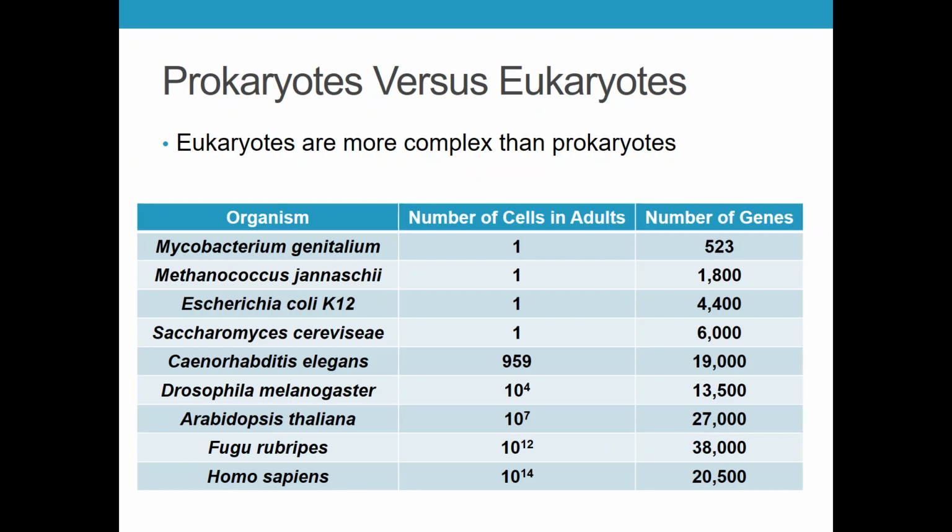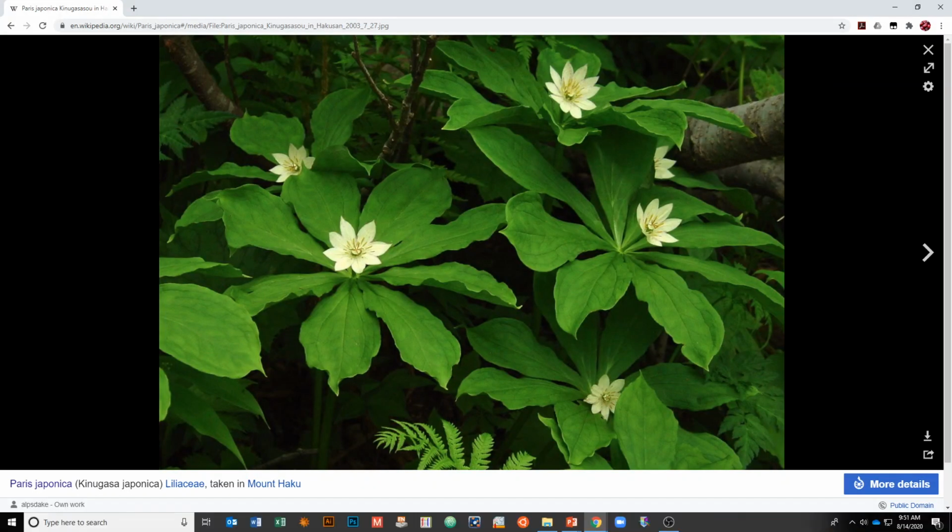eukaryotes relative to prokaryotes. Now, I do want to note, though, that more genetic material does not necessarily equal more complexity. So I'm showing you here a picture of a rare Japanese flower that is named Paris japonica. It has a genome that is comprised of 149 billion base pairs.